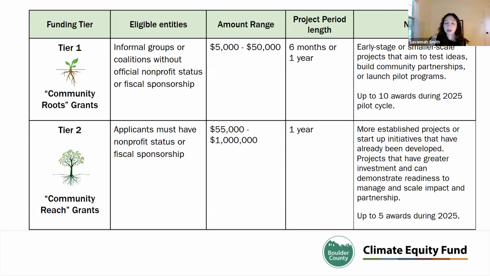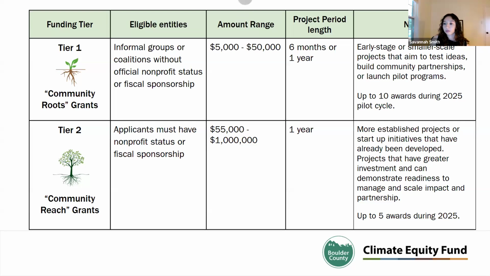For Tier 1, the amount ranges from $5,000 to $50,000, and projects can run from 6 months to a year. These are geared towards early stage or smaller scale projects, including pilot programs. We hope to award up to 10 Tier 1 awards during this pilot cycle for 2025.